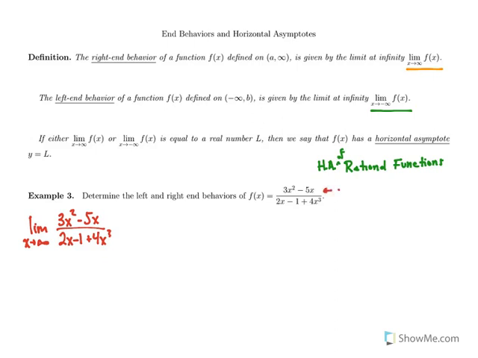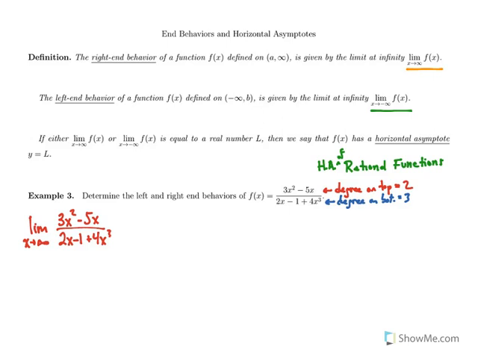The degree on the top is equal to 2. That's the highest power we have on the top. And the degree on the bottom is 3, because that's the highest power. Even though it's not listed first, the highest power is 3.